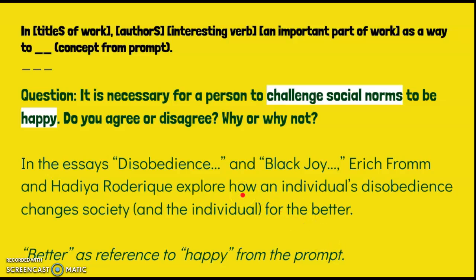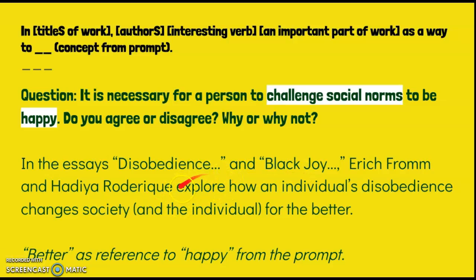So here we have the genre of the works. We have Disobedience and Black Joy as references to the titles of the essays. I abbreviated it here for the slides, but do write it out when you're doing your essay. Eric Fromm and Hadia Roderique explore, right?